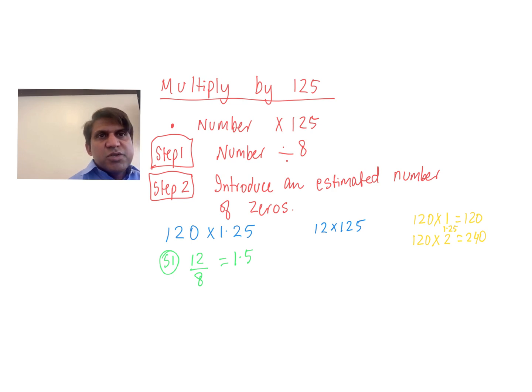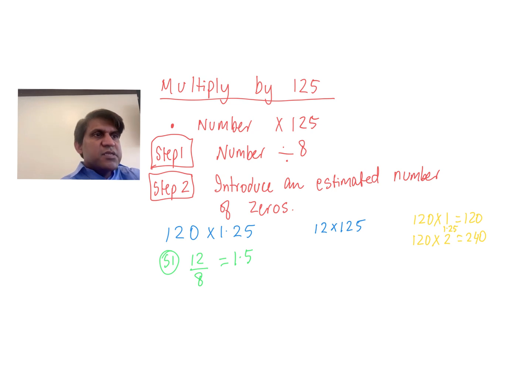So when I reintroduce the zeros into it, I have 1.5, and then I'm adding a zero, but then I've got two decimal places, right? So 12 divided by 8 is 1.5. And then let's try to estimate where this answer should go.